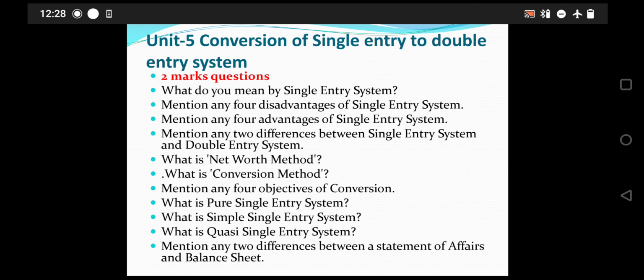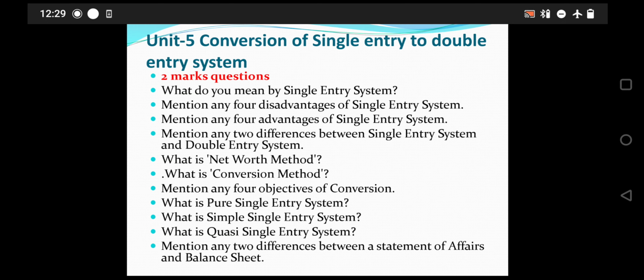Then it is always very difficult to fix the value of the assets which are used in the business under single entry system, and it is very difficult to obtain a loan from banks. Then it is very difficult to determine the taxable income, because under single entry system we will not prepare a profit and loss account.